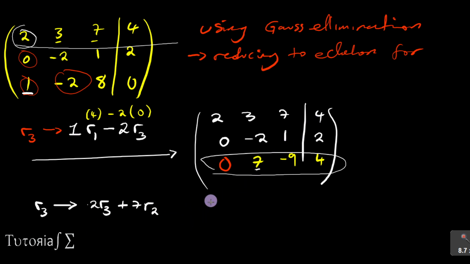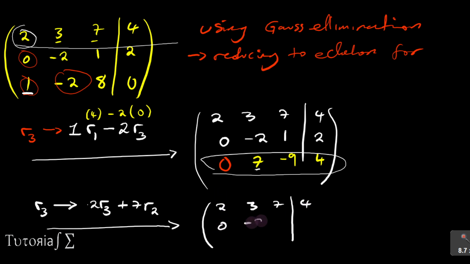Okay, so I'll write out my matrix. I need to put an arrow there to show the direction of the transformation. So let me write out my matrix. Row 1 is unchanged, which is just 2, 3, 7, and 4. Here we have 0, -2, 1, and 2.